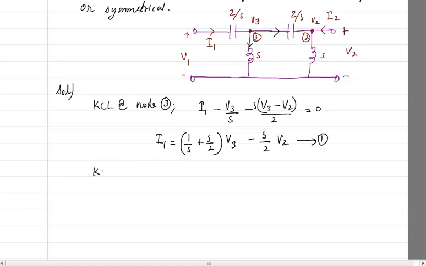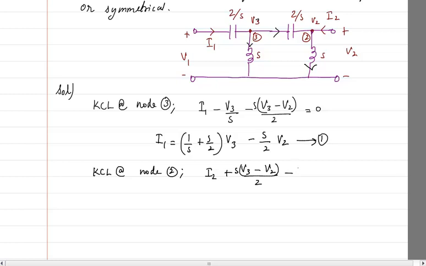Next I will take KCL at node 2. KCL at node 2, which is having a voltage V2. So I am having currents. So one is the incoming current I2 and the other is incoming current again, which is plus (V3 minus V2) divided by 2/S. Again I will write S in the numerator, 2/S.